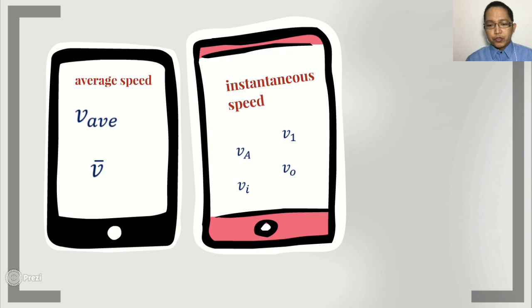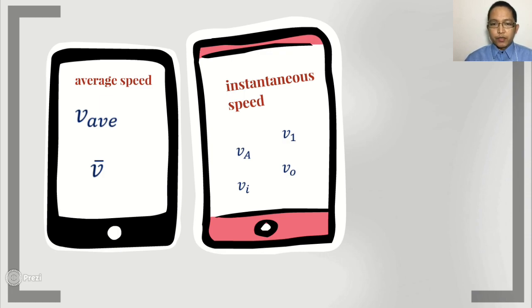You might have been used to the symbol S for speed, but please update that to v so that you can easily link the concept of vectors when we review them. V average, or v with a bar, those who took statistics know that symbol indicates the mean, which is also an average. Instantaneous speed can be written in various ways.